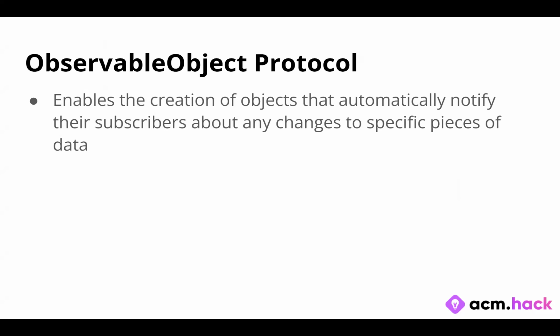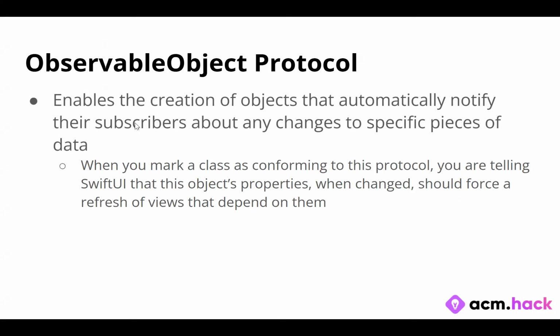So again, it keeps the most up-to-date piece of your app. When you mark a class as conforming to this protocol, you're telling SwiftUI that the object's properties, when changed, should force a refresh of the views that depend on them. This is kind of technical wording, so I apologize if it doesn't make sense.